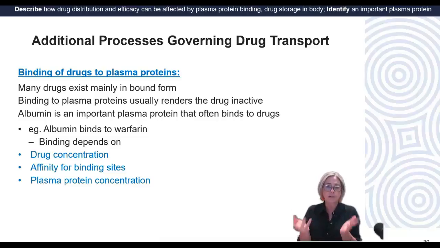So if somebody has liver failure, they're not going to have enough of these plasma proteins, and therefore those drugs won't be able to bind to the plasma protein, and therefore more in the active form over a shorter period of time.